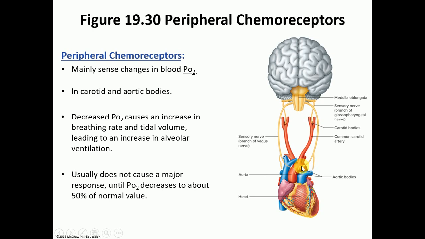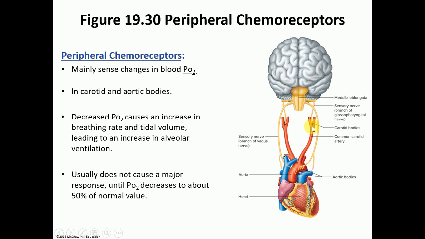Okay, and they're kind of strategically put. So you have these chemoreceptors that are right on the arch of the aorta before the blood goes to any of the organs. And then you also have these very strategic locations where before the blood gets into the internal carotids and into the brain.